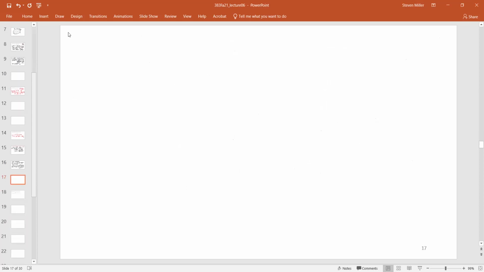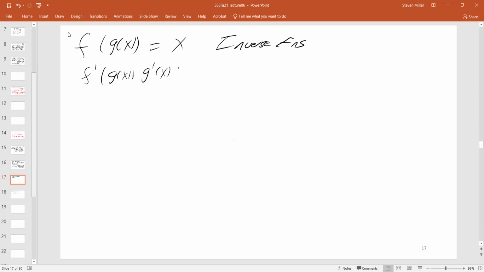So if you remember, if I give you f of g of x equals x, these are inverse functions. f prime of g of x times g prime of x equals 1. This is the chain rule. So g prime of x is 1 over f prime of g of x. So if you know the derivative of a function, you can actually find the derivative of its inverse function.